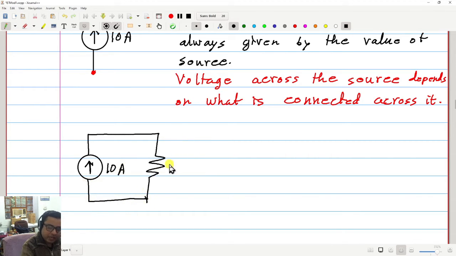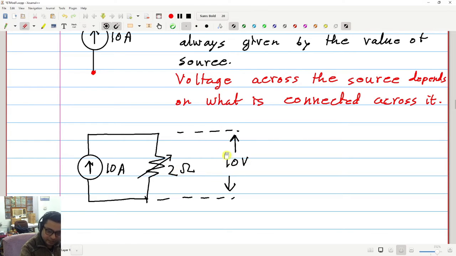Okay, then if suppose this is 1 ohm, then the voltage here will be 10 volt from here to here. But if I change this resistance, if I make it 2 ohm, then immediately it will become 20 volt. Yeah, I have to put this plus minus sign, otherwise it is incomplete.